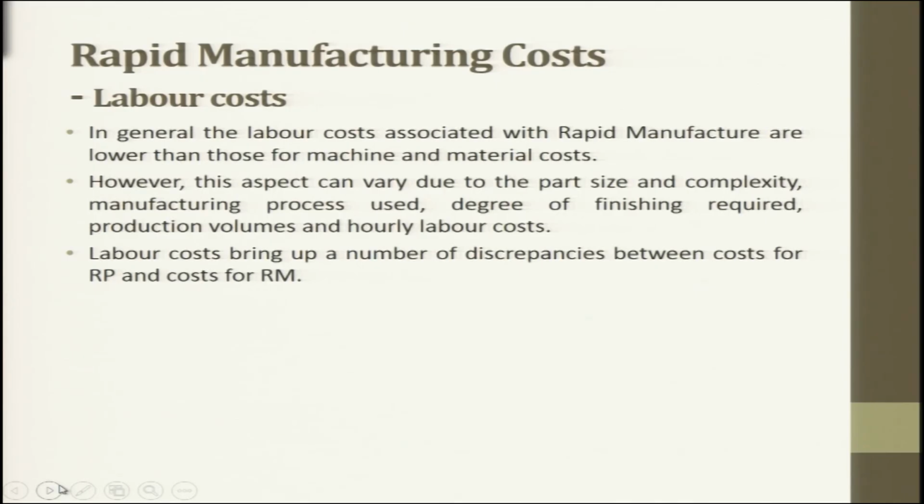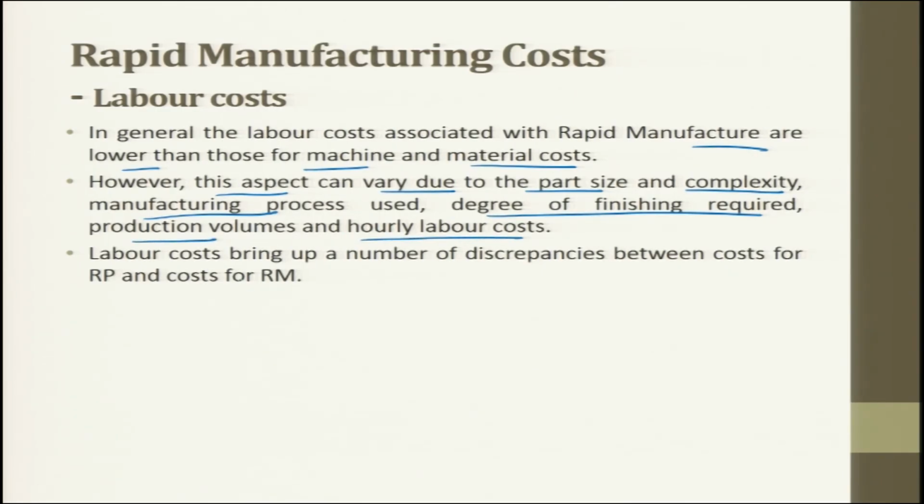Next is labor costs. Labor costs associated with rapid manufacture are lower than machine and material costs. However, this can vary due to part size, complexity, manufacturing process used, degree of finishing required, production volumes and hourly labor costs. Labor costs bring up a number of discrepancies between costs for rapid prototyping and rapid manufacturing. Firstly, setting up a build on a rapid prototyping machine is a highly skilled requirement, and it is a relatively slow process.